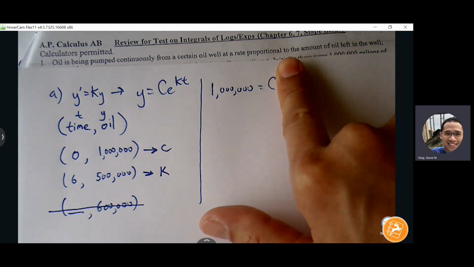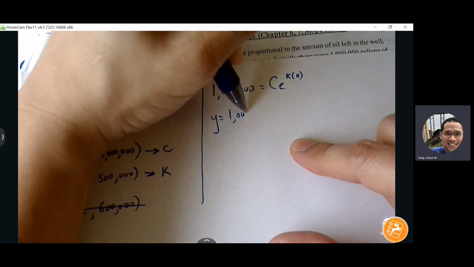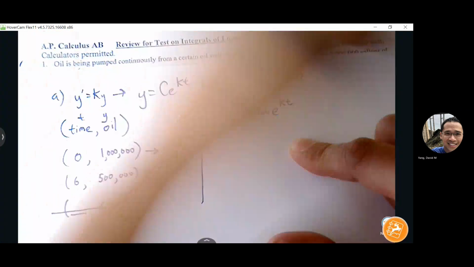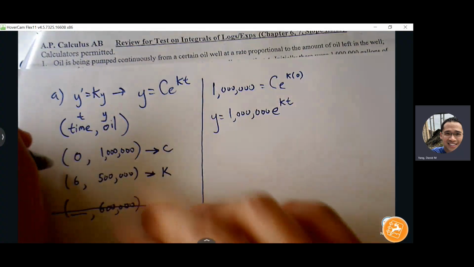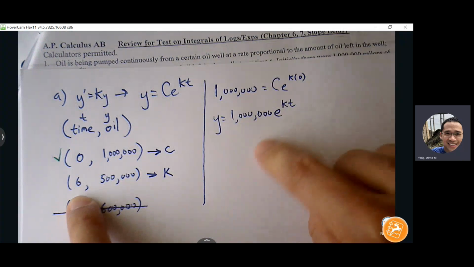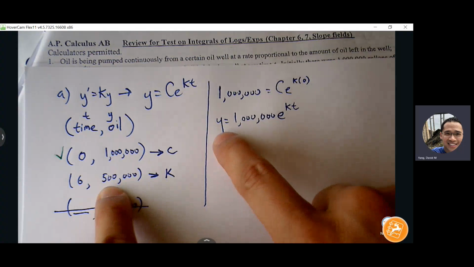C does turn out to be 1 million. Update your equation. Okay, so we have this taken care of. We can move on to the next ordered pair, which will help us solve for k. So 6 goes in for t. 500,000 goes in for y.